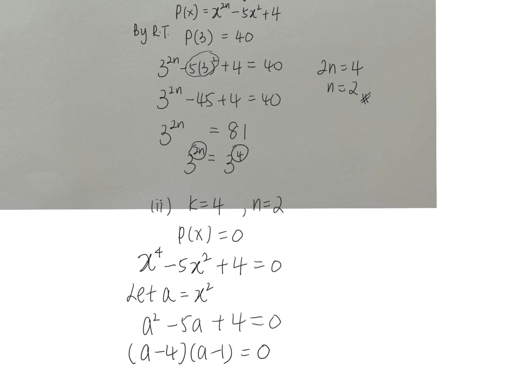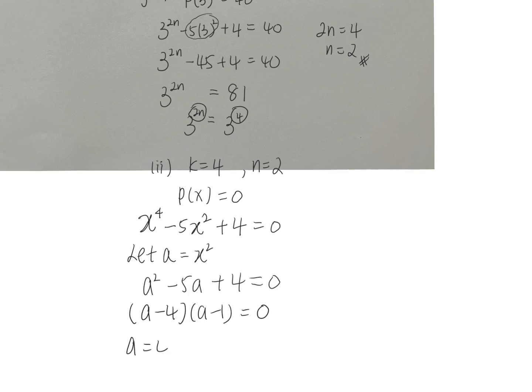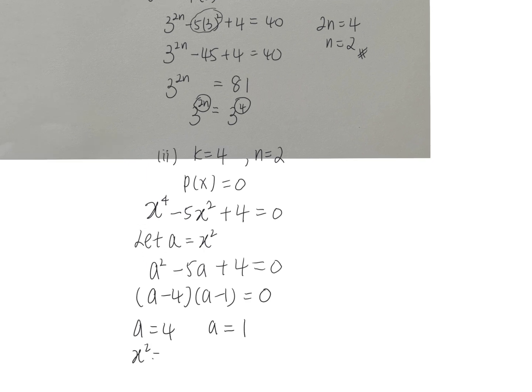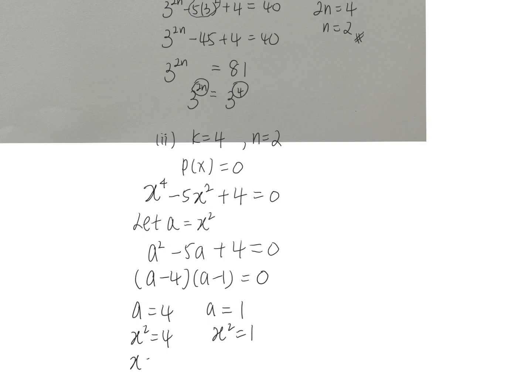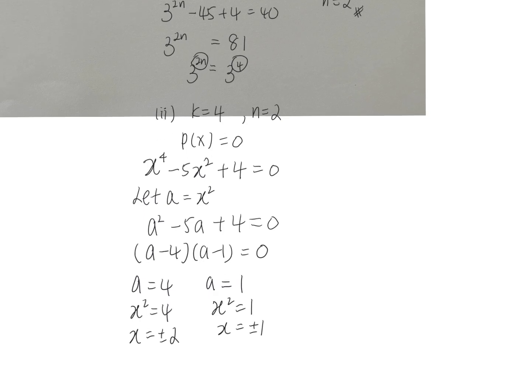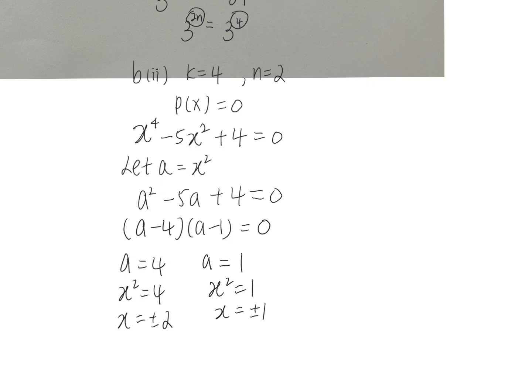You don't even need trial and error, long division. You just have to factorize this way. So 2 solutions. And then put back your x squared. So your answer is just plus minus 2 or plus minus 1. So part b part 2, this is how you solve.